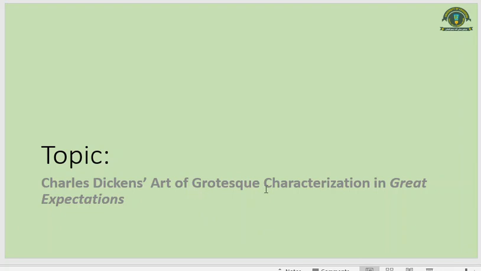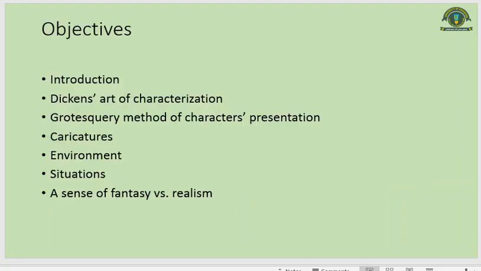Hopefully we will learn many more things that we have already discussed in our previous lectures. Today's objectives: we will have a brief introduction of the novel. After that we will learn how Charles Dickens presents his characters in his novel, specifically in Great Expectations.